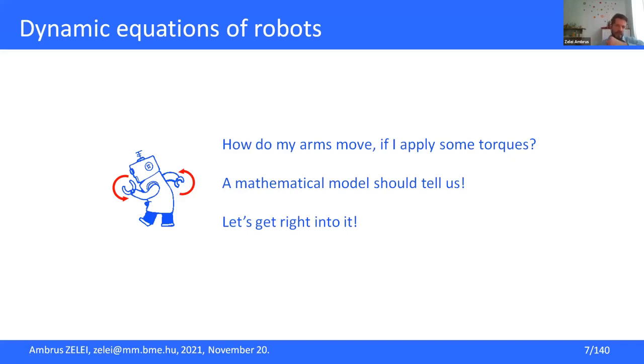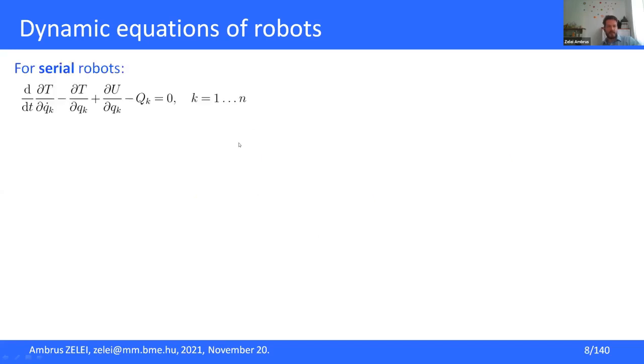They just try to activate their muscles, and they learn that some movement will occur. This is the same in robots, but in case of robots, the model is there, and this is the point.